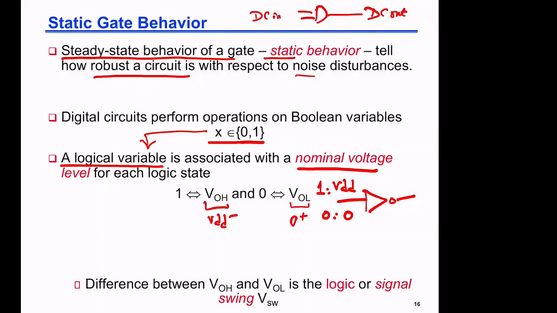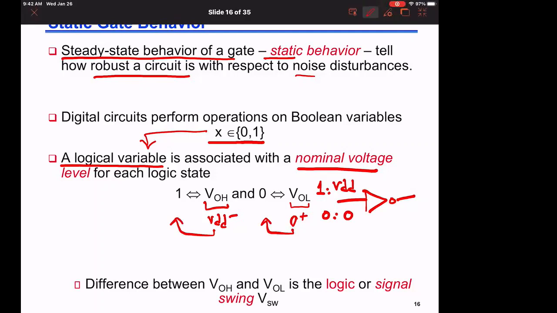Those nominal voltage levels represent the logic 1 and the logic 0. If I want to have a logic 0 and a logic 1, my circuit has to attain some voltage level representing those states.